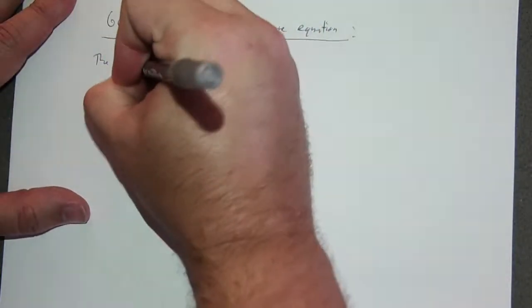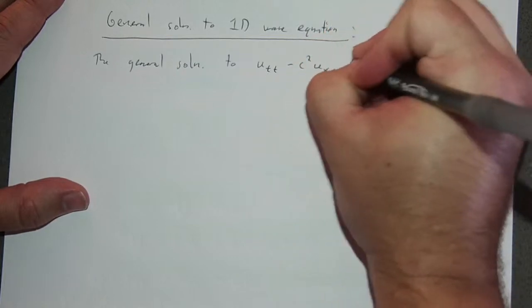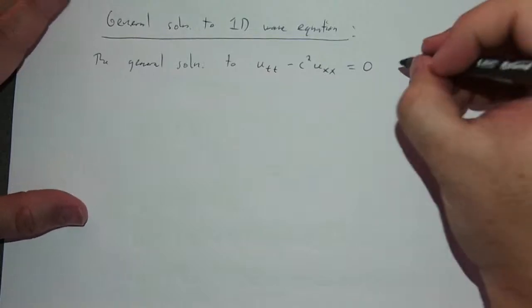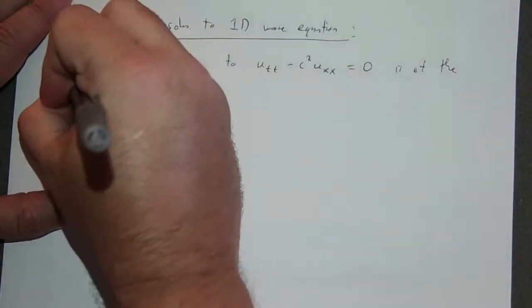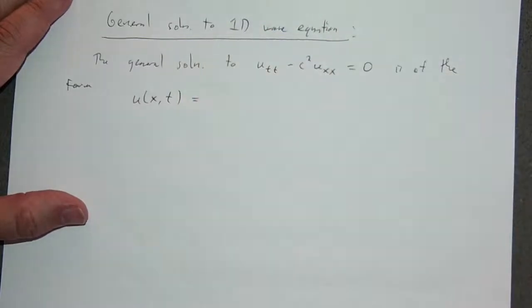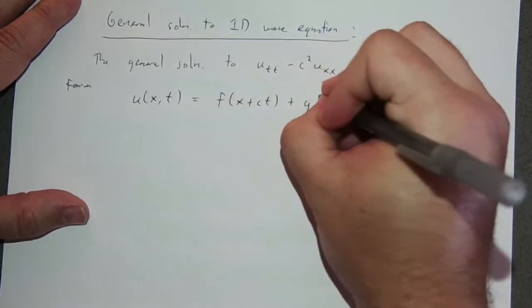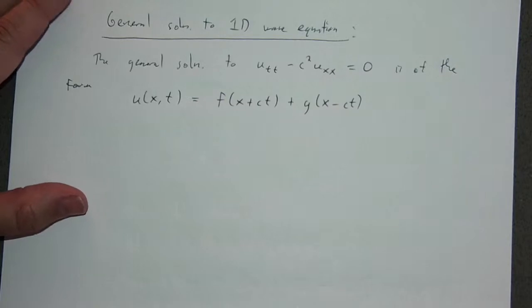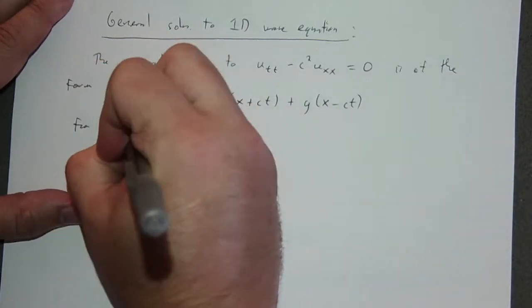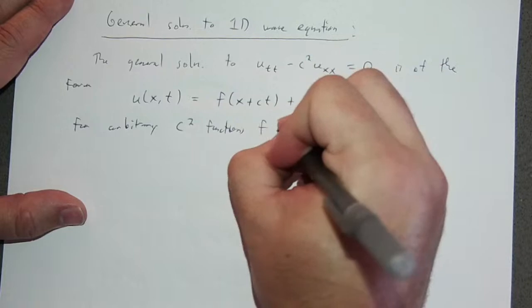The general solution, that is without reference to any conditions, to u sub tt minus c squared u sub xx equals 0 is of the form u of x, t equals f of x plus ct plus g of x minus ct for arbitrary C2 functions f and g.